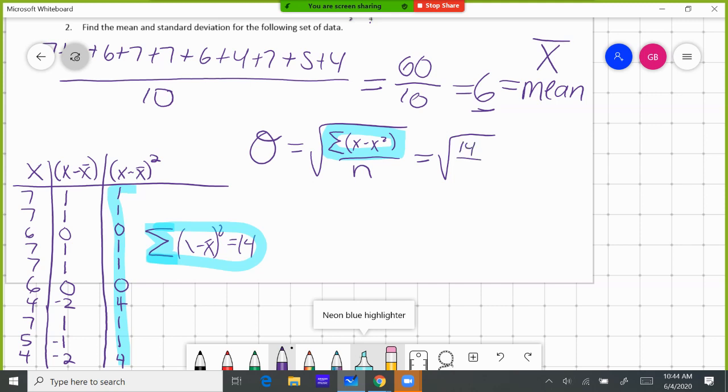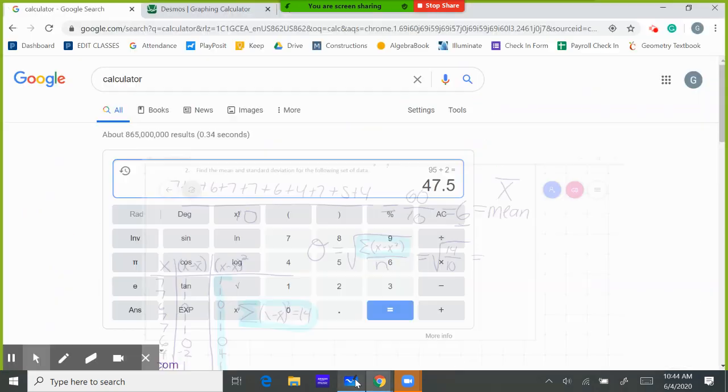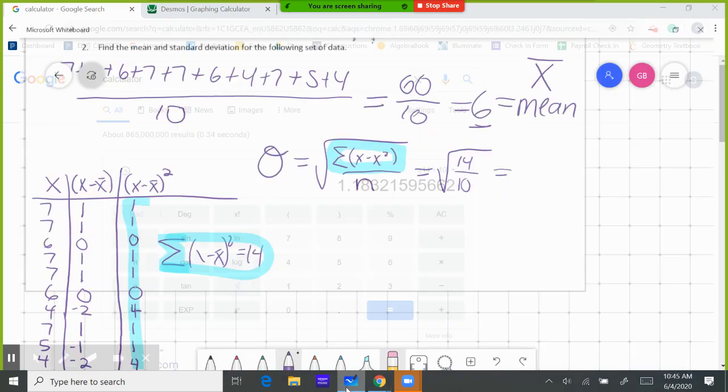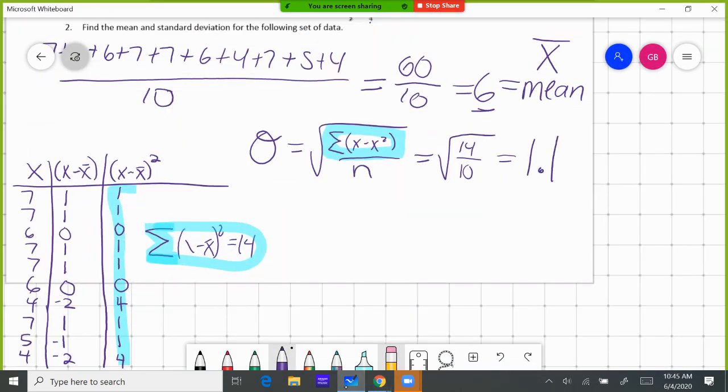N is how many numbers we have. We had 10 numbers to start with. And then we can use our calculator to find out what that is. So the square root of 14 divided by 10 is 1.18. And that's your standard deviation.